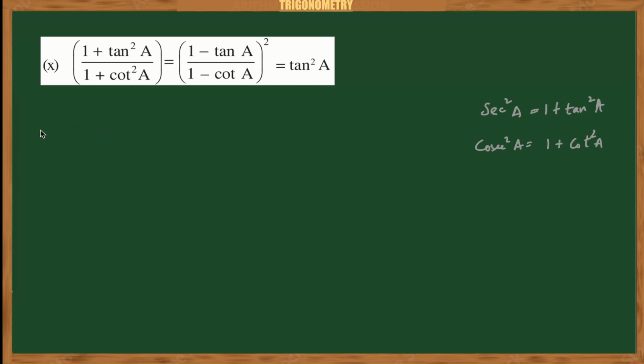We can write the LHS in this form: 1 plus tan square A can be written as secant square A, divided by cosecant square A.